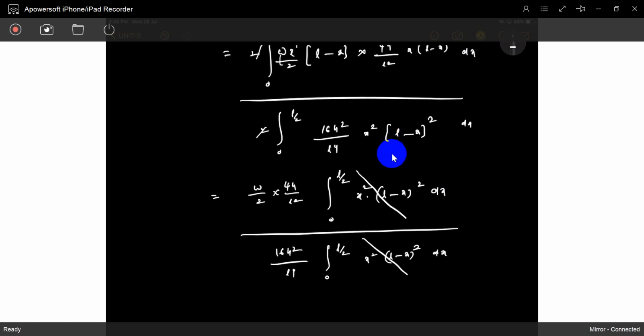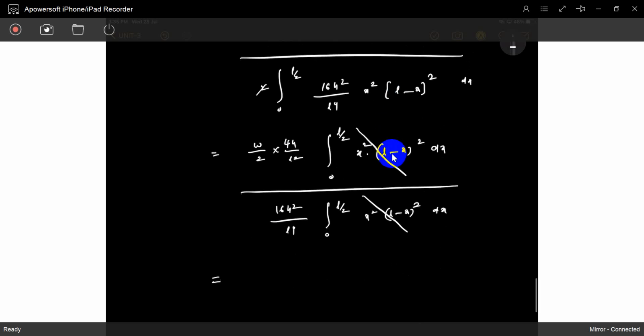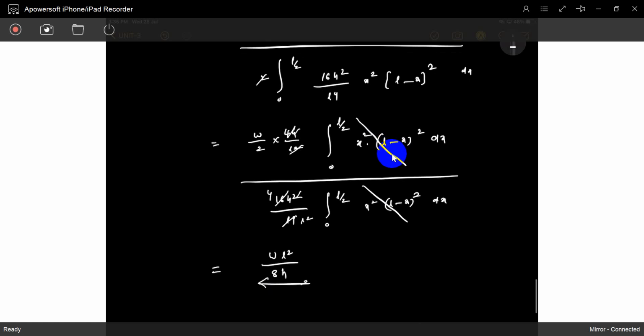Both are the same. No need to calculate. Then what is h? L square will remain, so W L square goes, it's 4 into 4, 8. W L square by 8h. That is the h value.